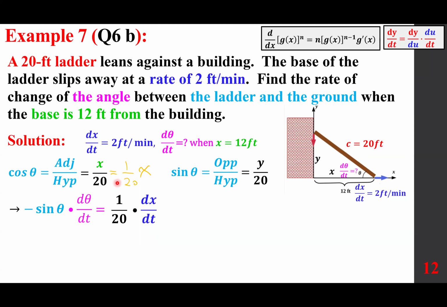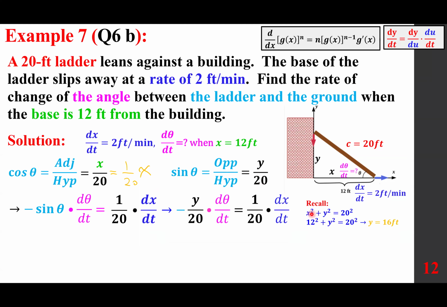You don't have to rewrite it like that. I just want to make sure that it makes sense. So having said that, we have minus sine theta. What is sine theta? Y over 20. Now, we've already calculated the y from the previous page.